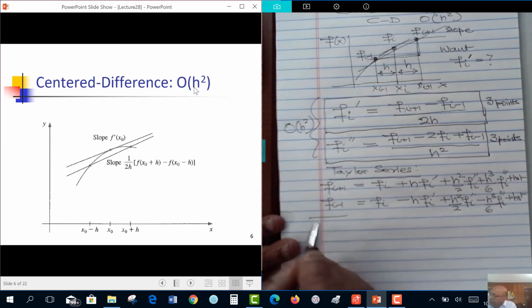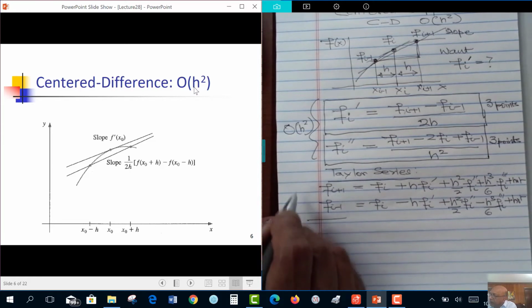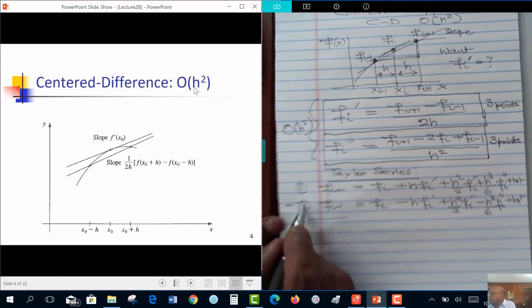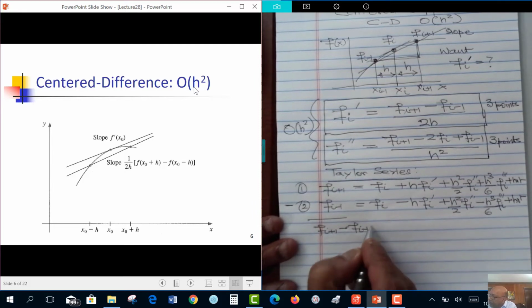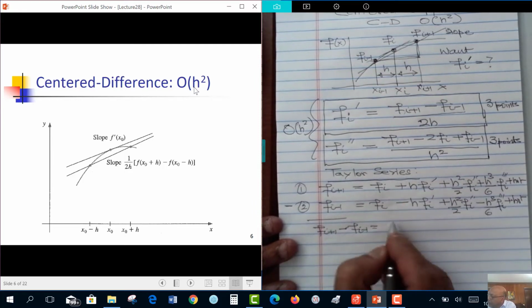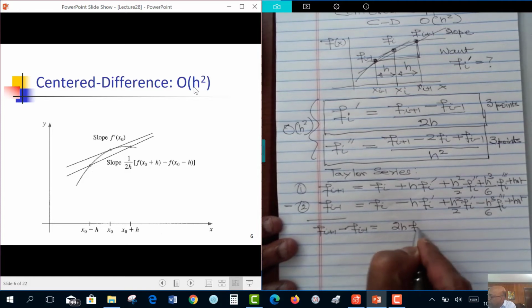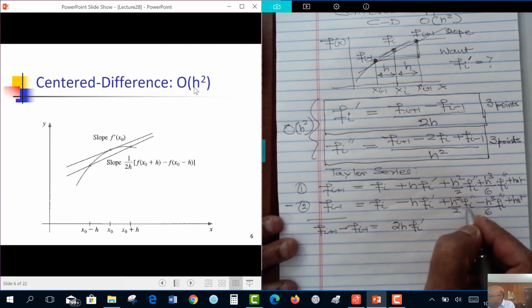So now what we do is we subtract 2 from 1. So we'll get f_{i+1} minus f_{i-1}. This will cancel out. This will become 2h f_i prime. This will cancel out.